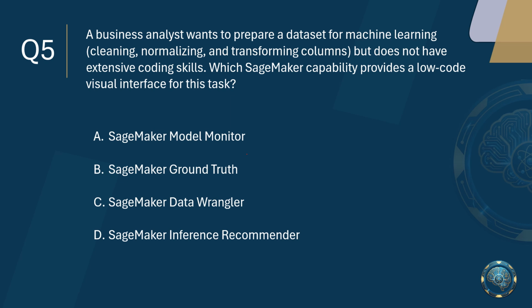So prepare data is a keyword here, and extended keywords cleaning, normalizing, and transforming columns, but does not have extensive coding skill, which SageMaker capability provides a low code visual interface. That's another critical keyword for us. Now we have identified keywords. Let us go to the options and see can we eliminate a few answers directly.